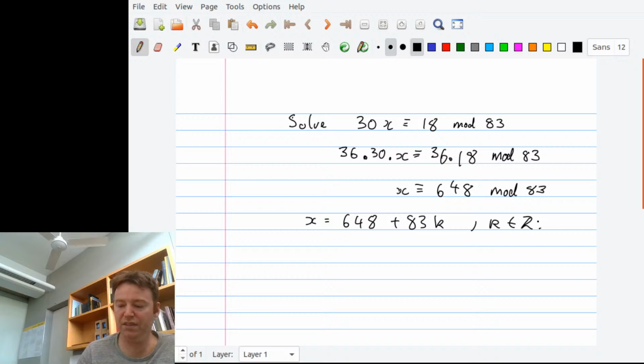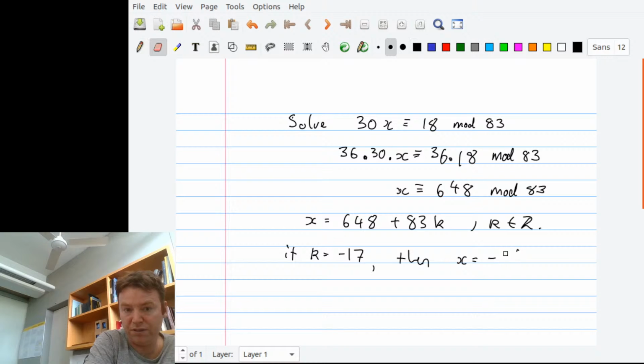Ooh. So if k equals negative 17, then x equals negative 763.